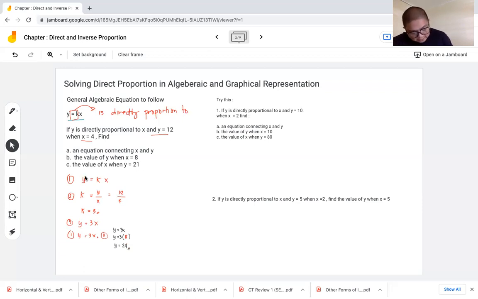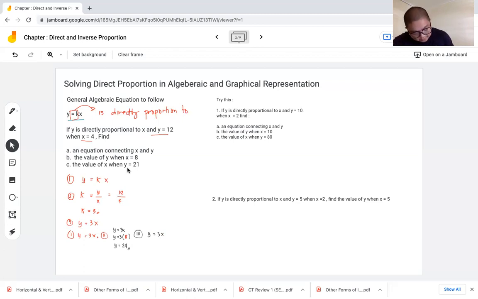The third question in letter C tells us that we are going to look for the value of x if the y is equivalent to 21. So again, the main rule here is to understand that you are going to use the equation y is equivalent to 3x. But this time, what you need to do is to replace the y, because in letter C, the y is equivalent to 21.